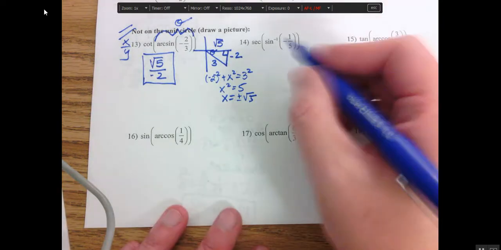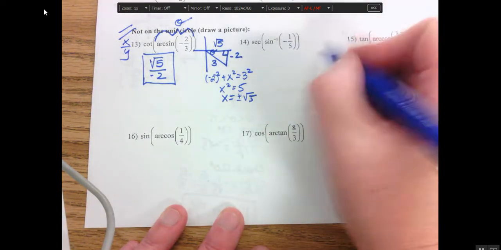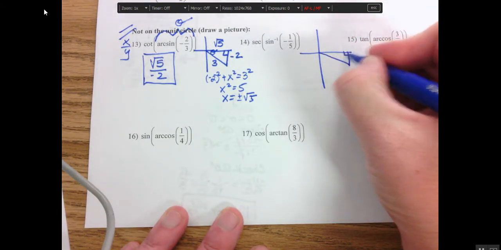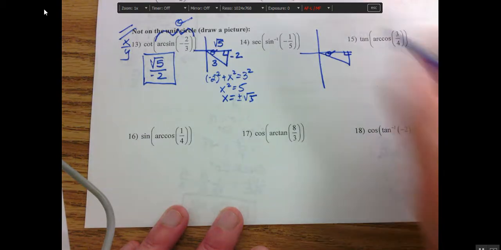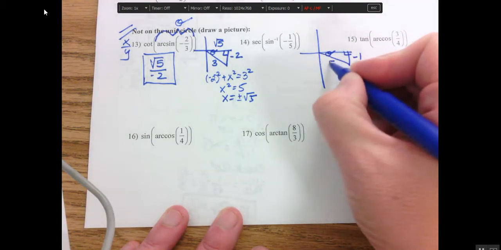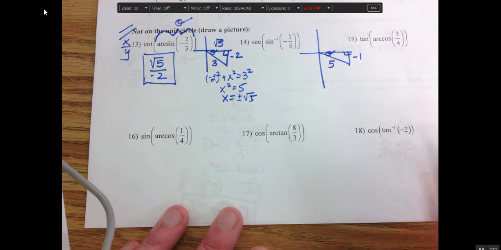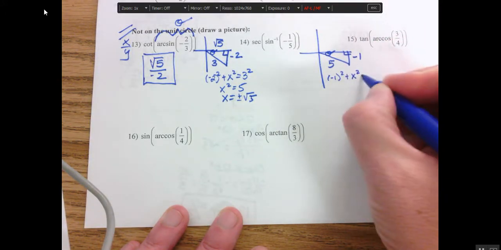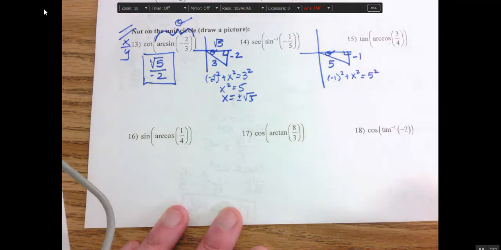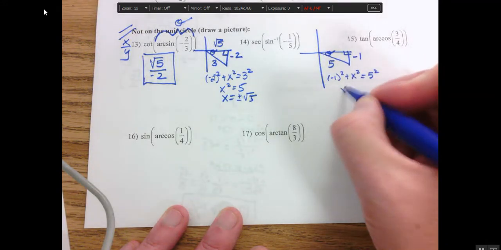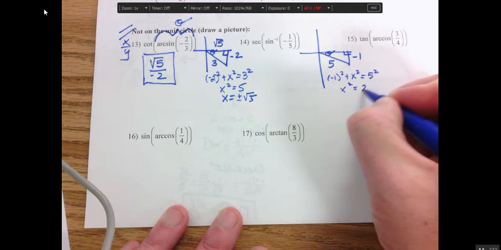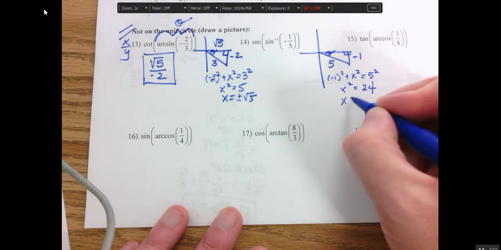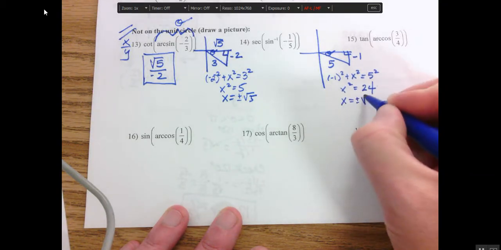Next one has a sine of negative 1/5. So again, sine is negative in the 4th quadrant. So there's your theta. Sine is opposite over hypotenuse. And we're going to do Pythagorean theorem to find the missing side. All right, so when you do square root of 24, you do want to simplify that radical.